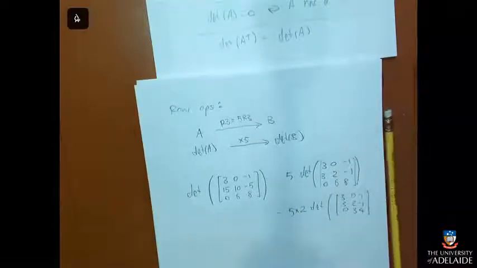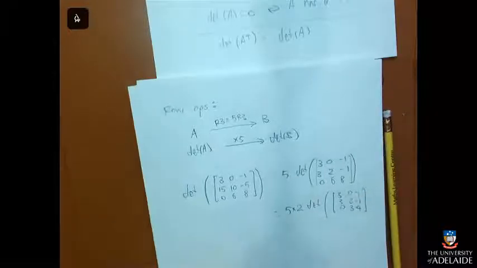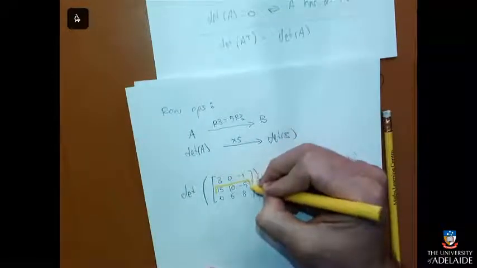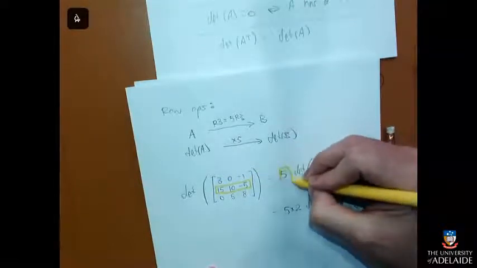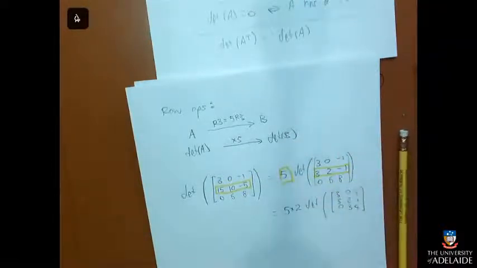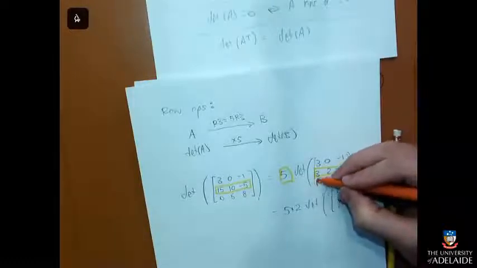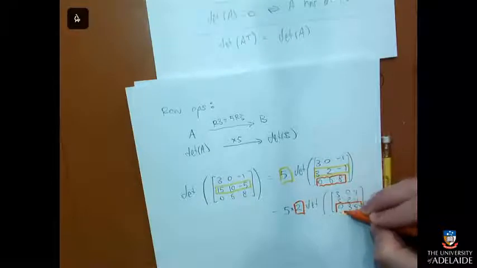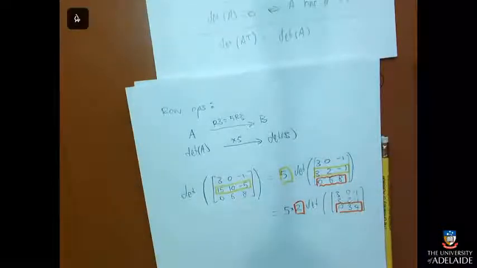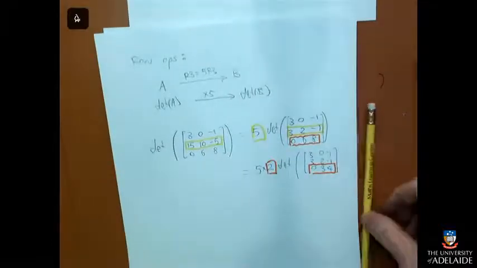So just so it's easier to see what happened there, that was me focusing on this row, which I pulled the 5 out of, and then I focused on this row, which I pulled the 2 out of. Not that anyone cares at the moment, because it's not making my job any easier.